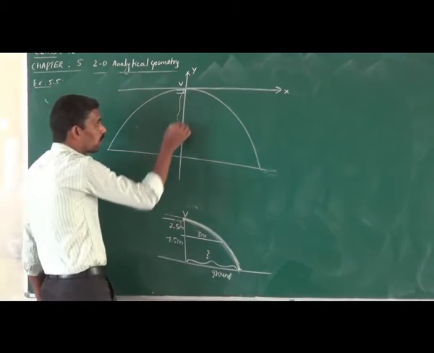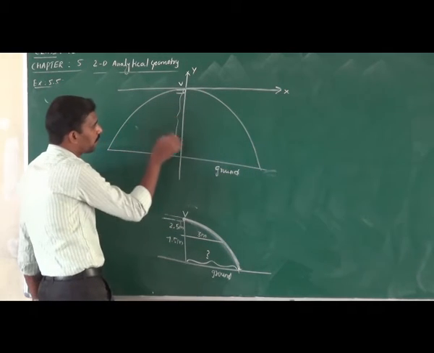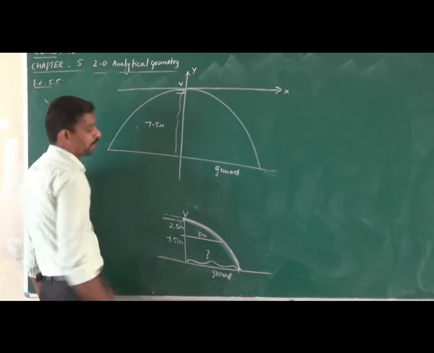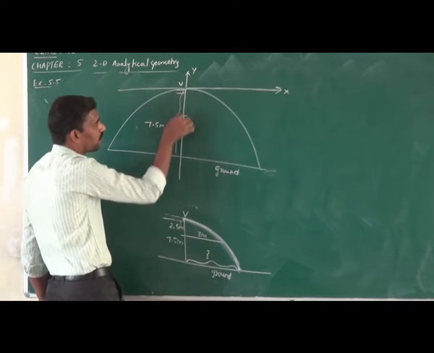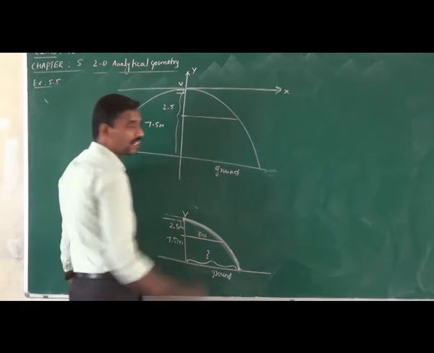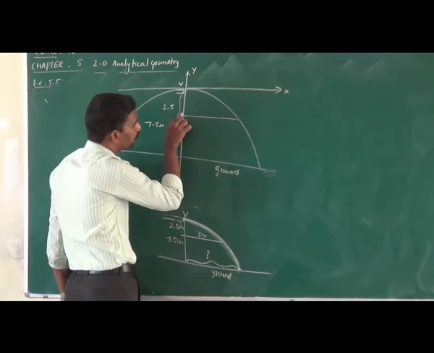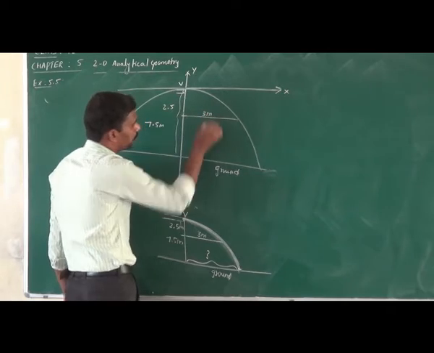This is the ground level. Now you think about this being 7.5 meter, and the given data is below the water pipe level. So 2.5 meter below, the distance between the vertical line and the water is nothing but 3 meters.